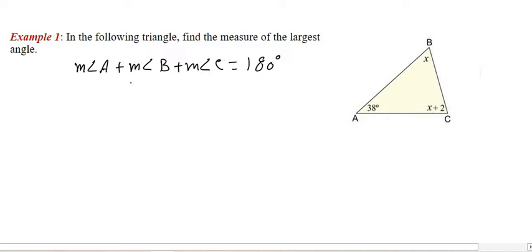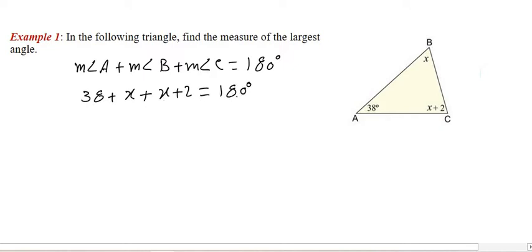And now, let's substitute by the given information. So, measure of angle A simply equals 38, plus the measure of angle B simply equals x, and the last one, x plus 2. When you add them, you have 180 degrees.